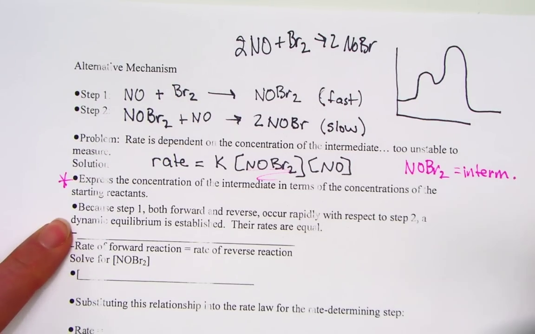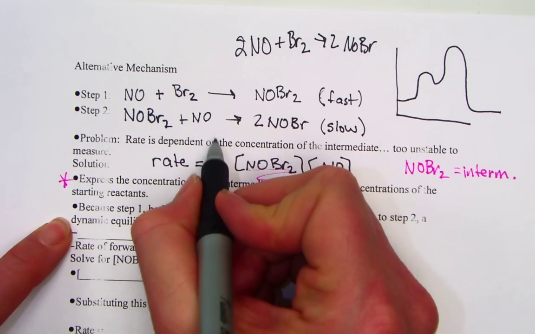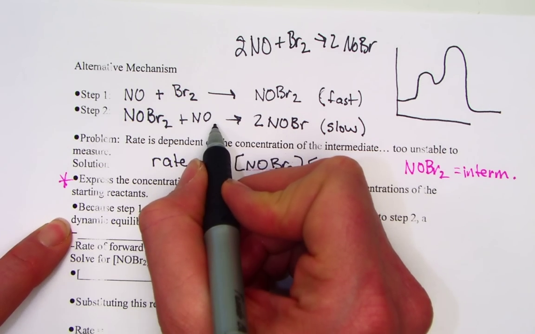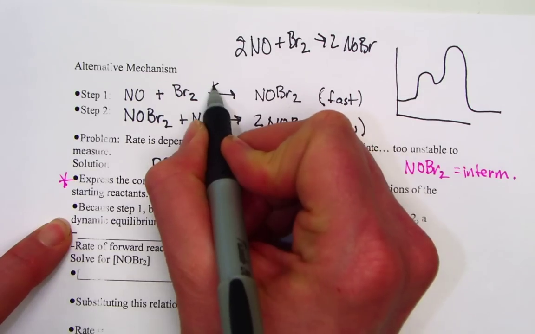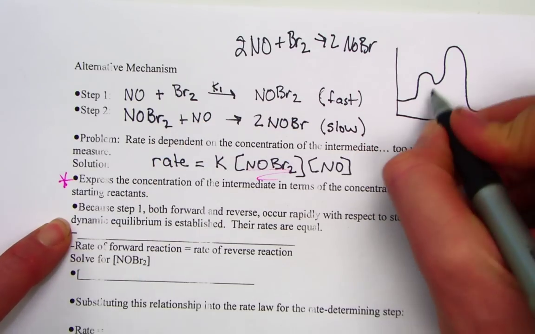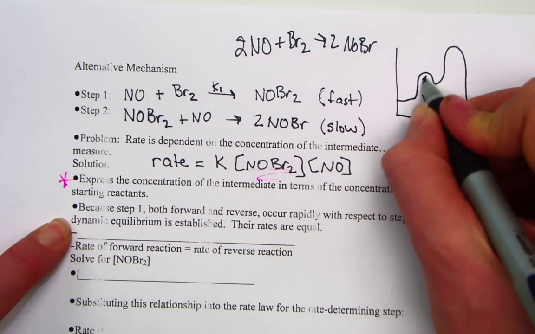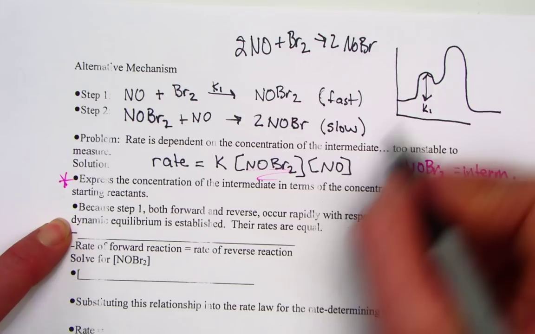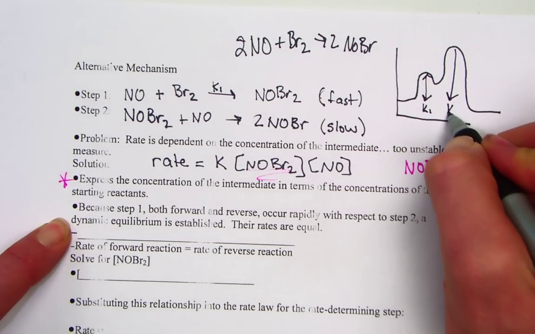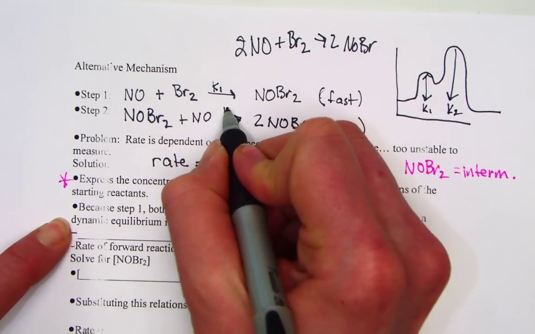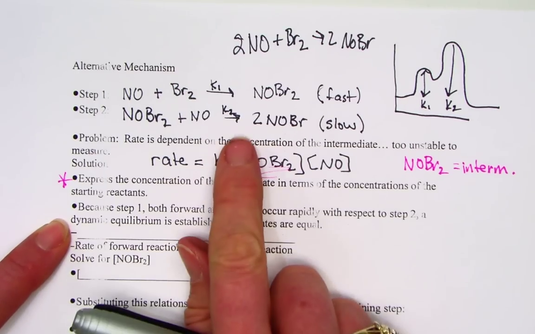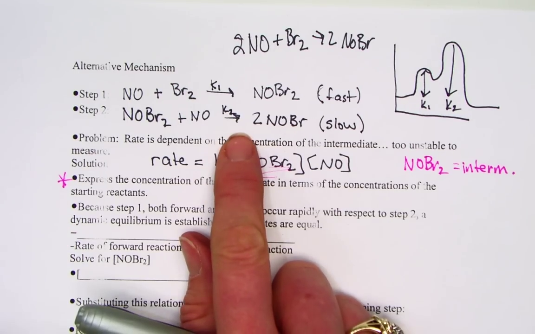But no big deal. What we'll do is go back and talk about the elementary reactions above, knowing that k1, the rate law from that first elementary reaction, and k2 come from those elementary reactions. Here's what we're thinking through.